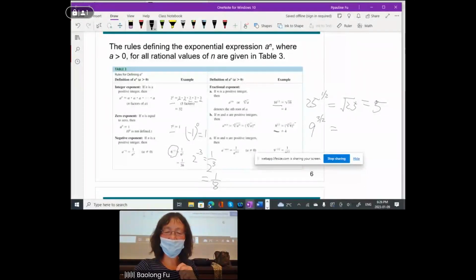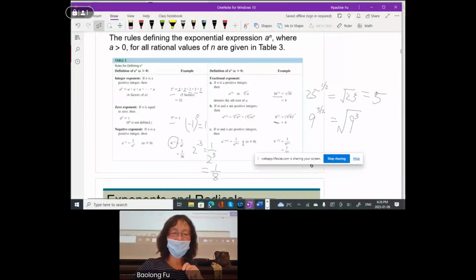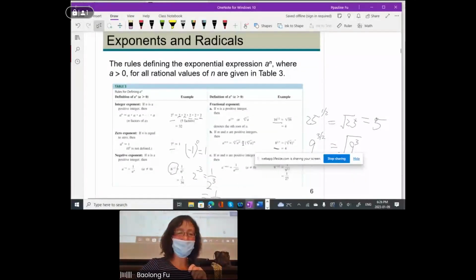Anyone want to try? 9 raised to power 3 and then square root. You figure out what it is. So that is some exponents and radicals.